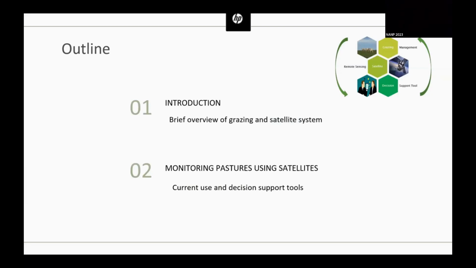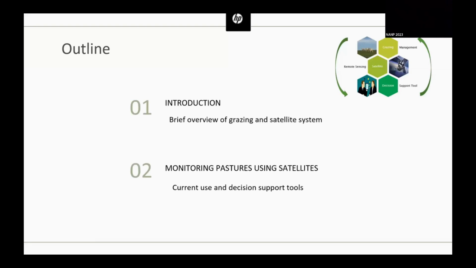So this presentation is divided in two parts. The first part, just to let you know, I'm a ruminant nutritionist. Then I will share with you some learning about the topic. In the first part, I will give a brief overview about the grazing system and the problem we want to tackle with satellites, and a little bit about the satellite system also.